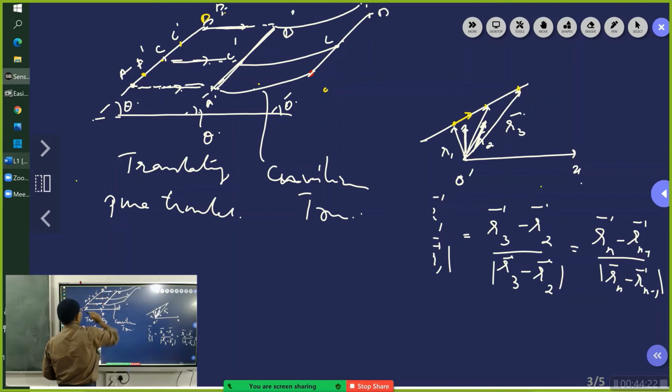It has moved like this. Then what set of motion is this? He is telling it moves like this.